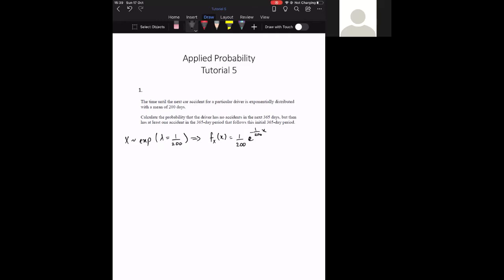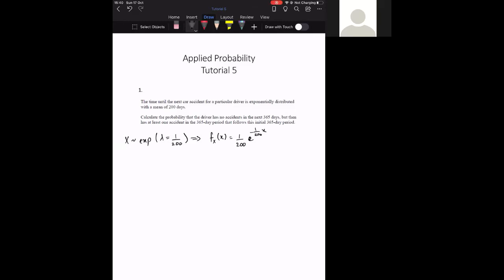The desired event is equivalent to the time of the next accident being between 365 and 730 days from now.